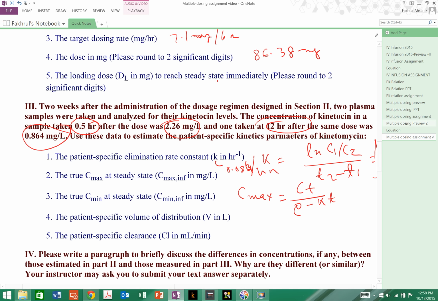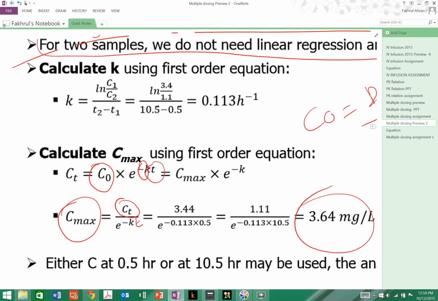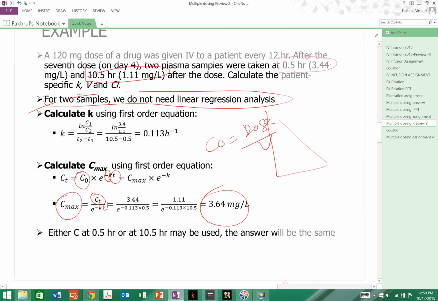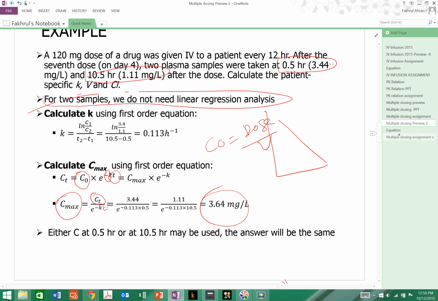As you go back to this previous question, you will see that whatever time point you use, it is going to give you the same result. So you just choose one of the time points.